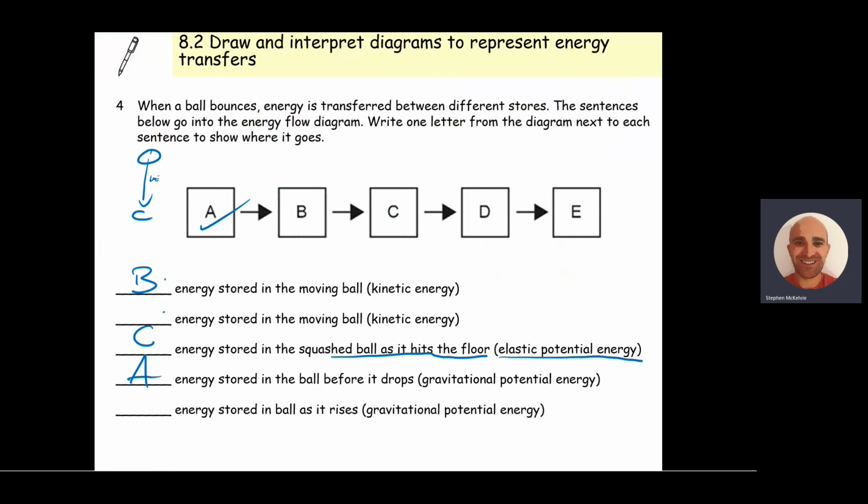I've squished the ball, it's on the ground, but because it's bouncy, it's going to go back up again. Now, because it's moving after bouncing on the ground, D is going to be here, energy stored in the moving ball. And then energy stored in the ball as it rises is the last one. The ball's up here, it's getting gravitational potential energy transferred to it through the force of the bounce. That gives us our final letter here.